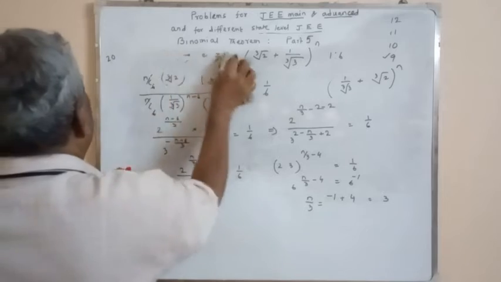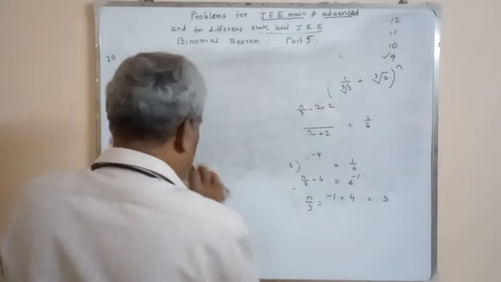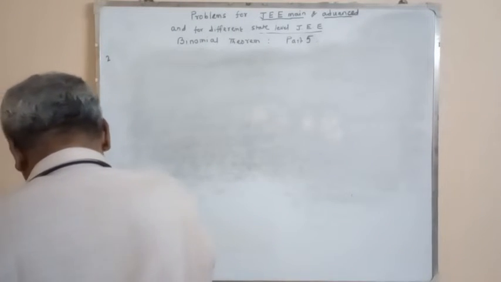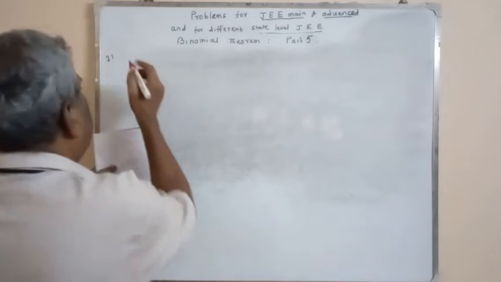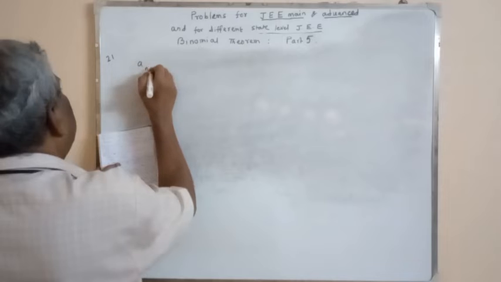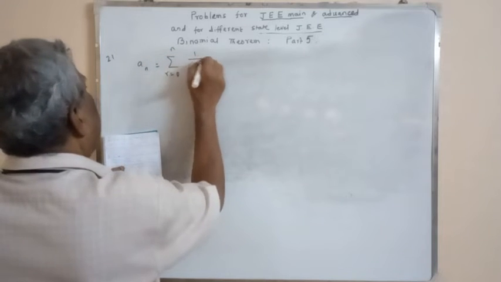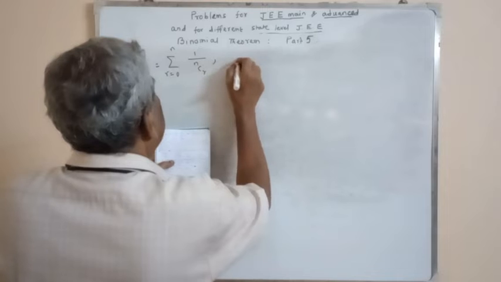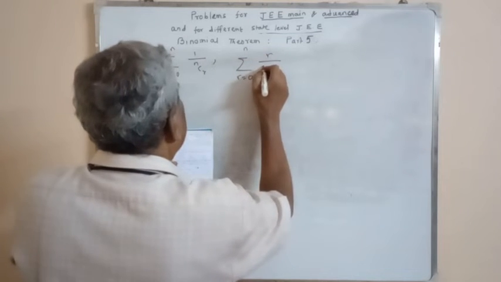Next, problem number 21. This problem is: if an is equal to sigma r is equal to 0 to n 1 by nCr, then sigma of r is equal to 0 to n r by nCr, how much?